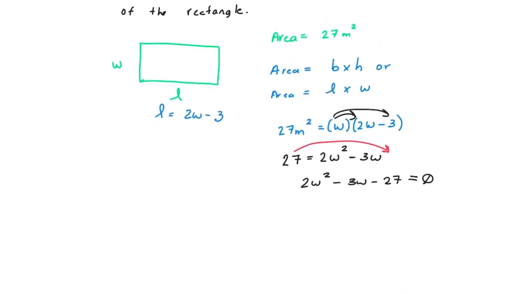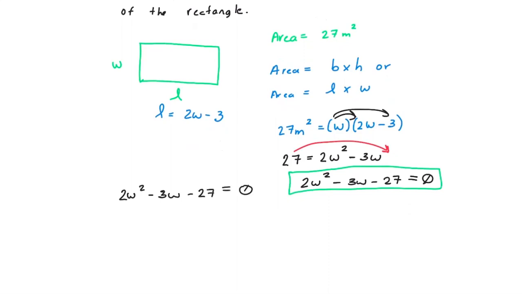So this is the quadratic I'm going to be working with. And I created that quadratic out of the reality of width times length equals the area. Okay, how do you want to solve that quadratic? We need to find the roots. What do you think is a good method for that one?